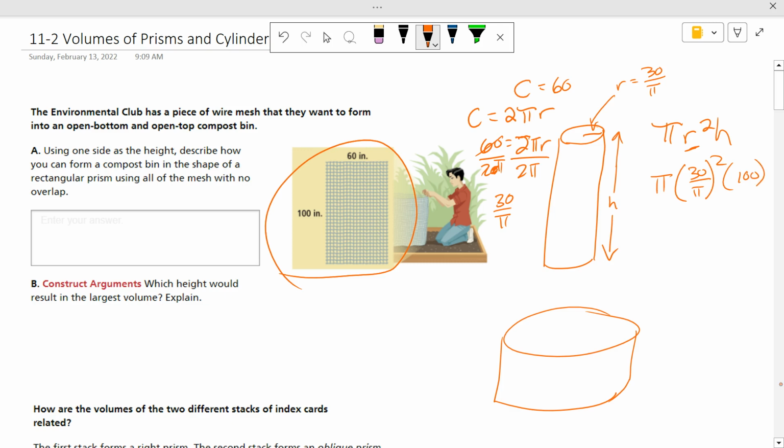So this is pi times 900 over pi squared times 100. Well, this pi and one of these pi's cancel. So somebody in your calculator take 900 times 100 divided by pi. What do you get?